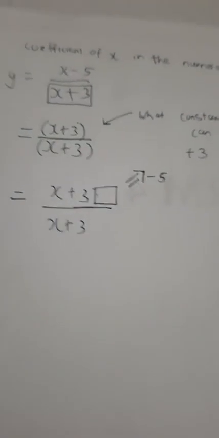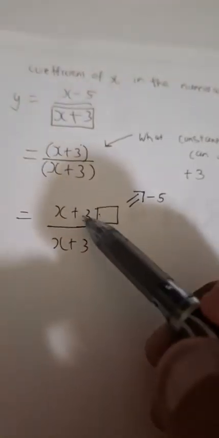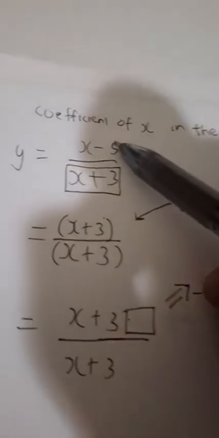What, guys, is that number? Please tell me in the comment section. What can I add or subtract to positive 3 to get negative 5?